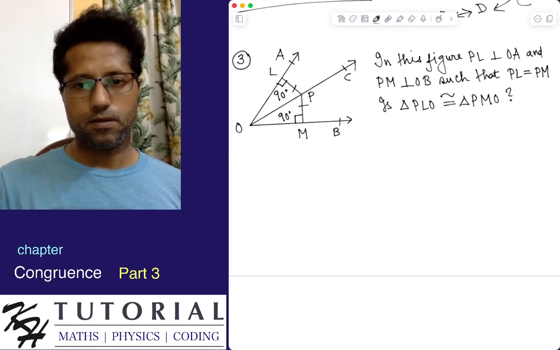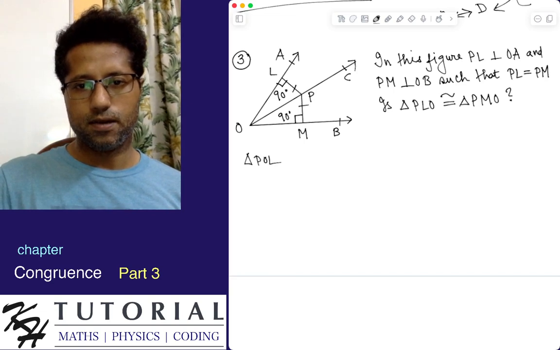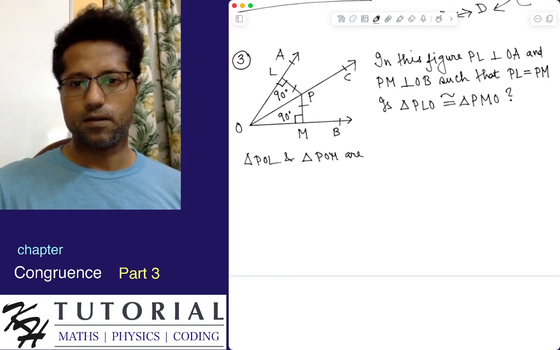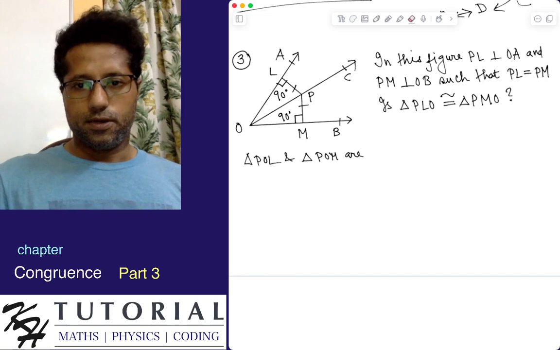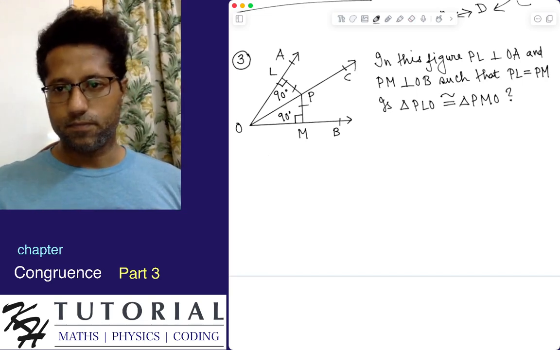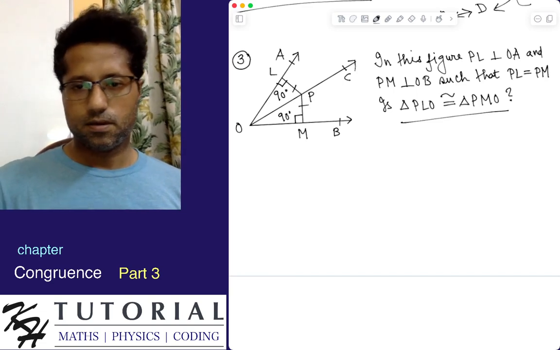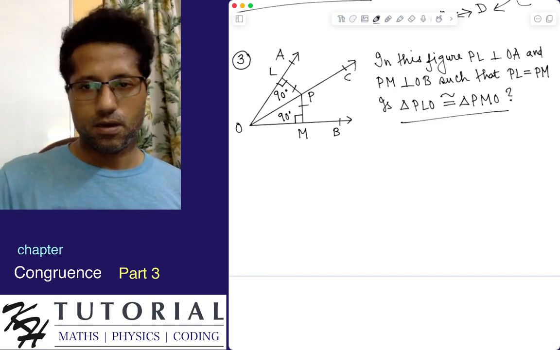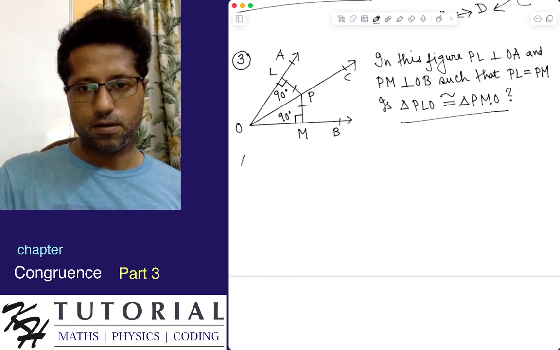We have triangle POL and triangle POM. It is better we use the same naming of the triangle.